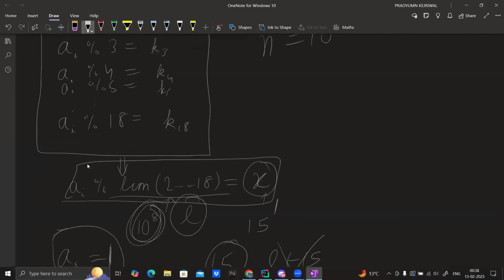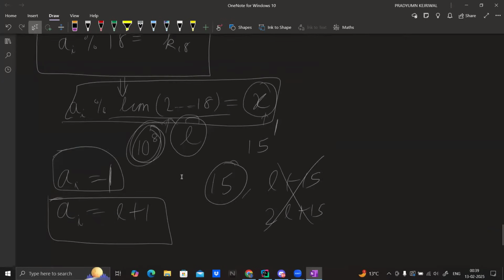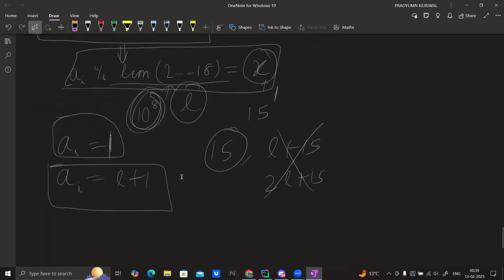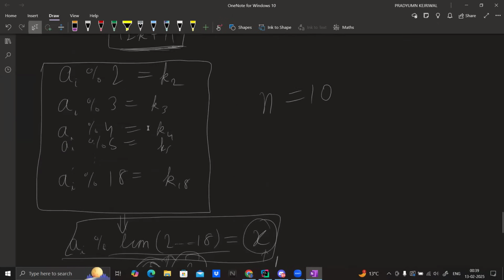So it is possible that not all the values of A_i are the same, but their modulo with all of these numbers up to 10 becomes the same. So if n is large enough, then definitely we can say that all A_i have to be the same. Otherwise, it is not possible that all of them have the same modulo.